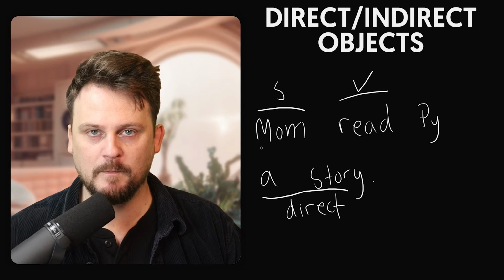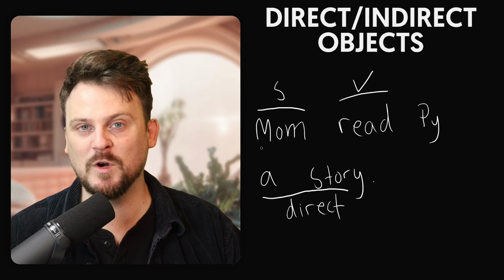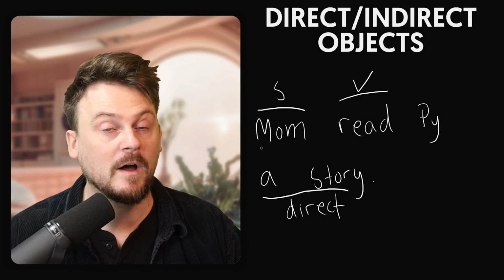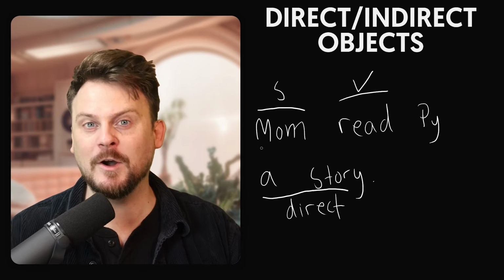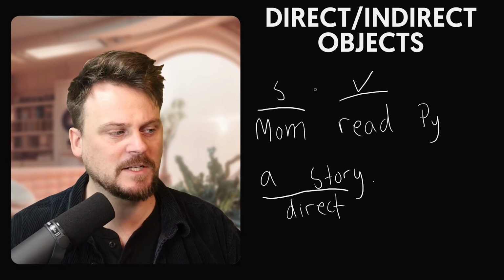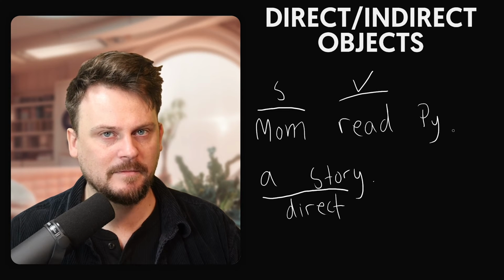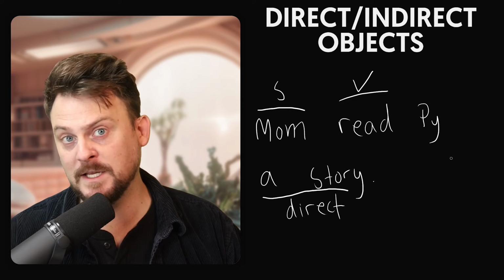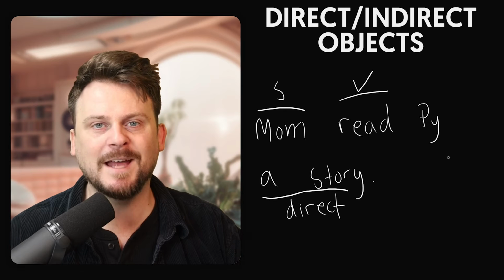Pretty clear. But now we want to introduce who she read the story to, right? To who? To whom? For whom? So it's almost a second layer, right? It's almost an added detail. Because if I just say, Mom read Pi, well, that doesn't even make sense. If I say Mom read a story, that makes sense at least. I don't know who heard the story, but I know she read a story, so at least I understand it.